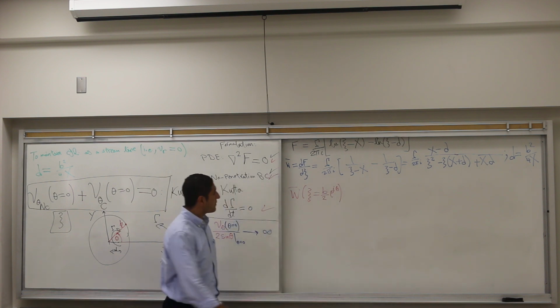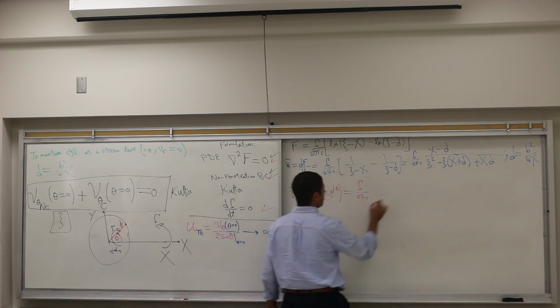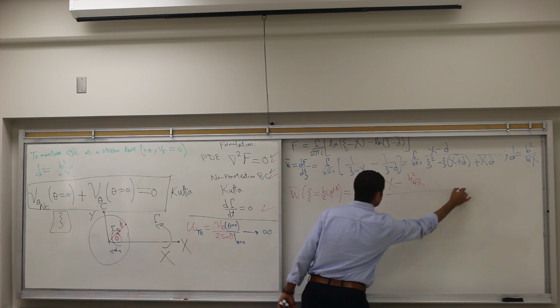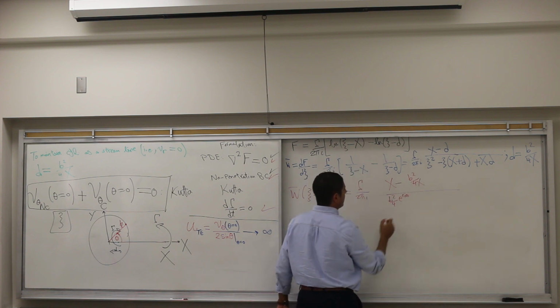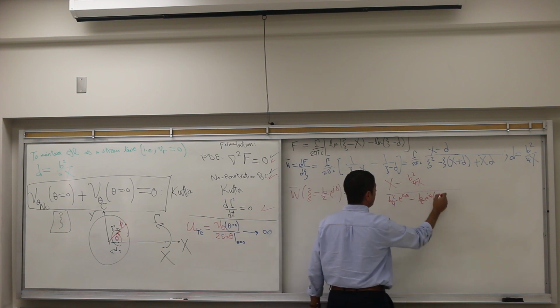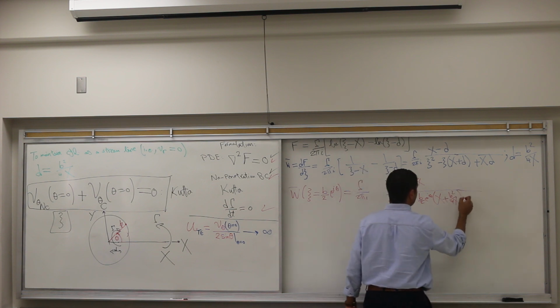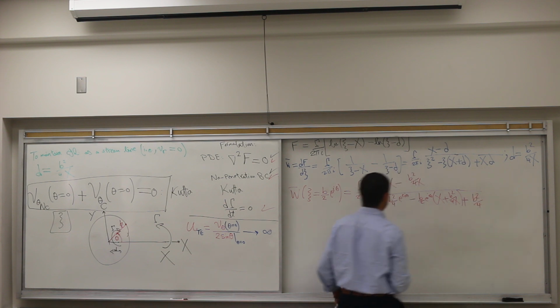So this is gamma over 2 pi i, x minus b squared over 4x, over zeta squared, b squared over 4 e to the 2i theta, minus b over 2 e to the i theta times x plus b squared over 4x, plus x times b squared over 4x, so you have b squared over 4.